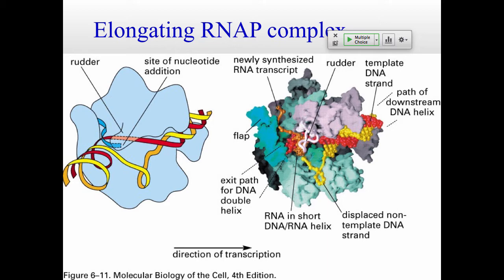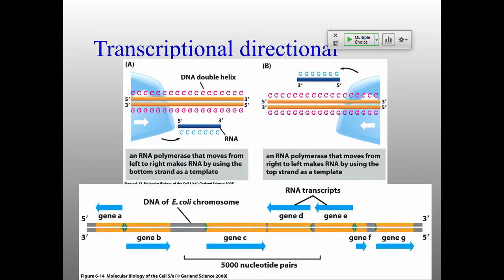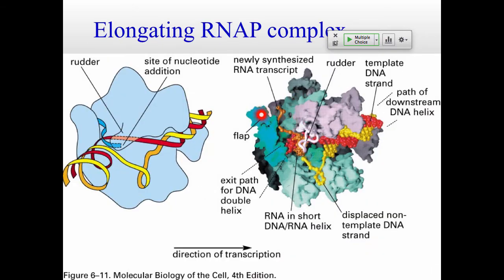The other thing that they're trying to point out here is we know a lot about the high-resolution structure of these DNA-dependent RNA polymerases. A couple of things that we got, in fact, from those structures are that we have a very short piece of DNA and RNA that are bound to each other.